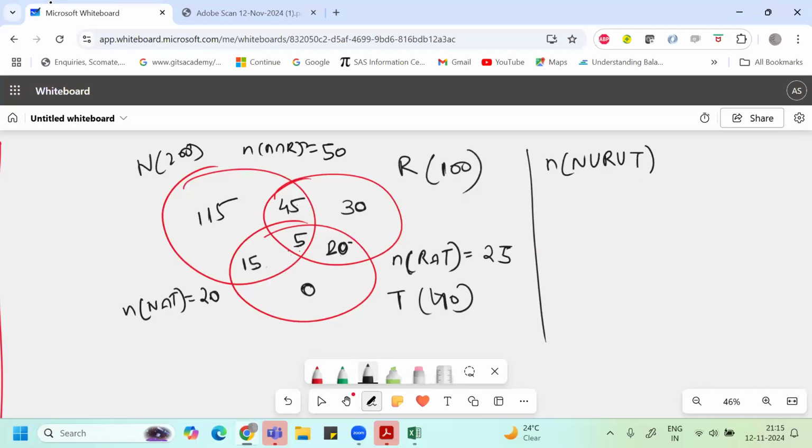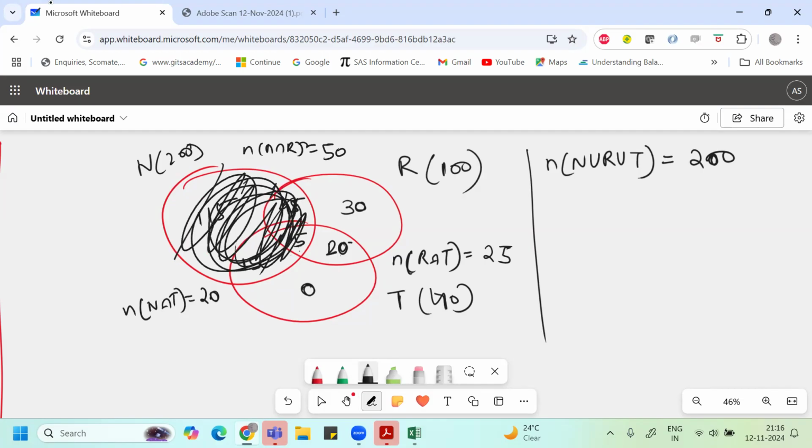So what is n of N union R union T? It is equal to this 200. This total is 200. 200 plus 30 plus 20, 200 plus 50. Total would be 250. And what is the total? Altogether, the universal set is 300.